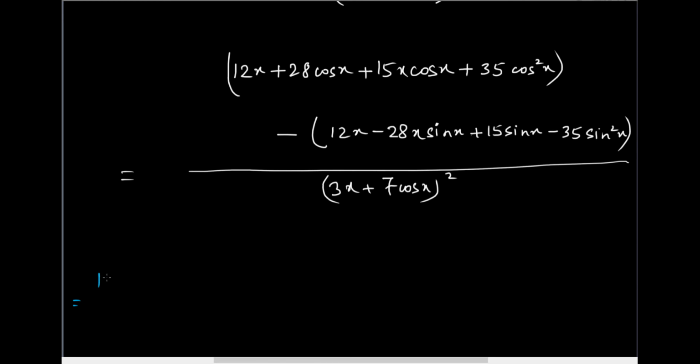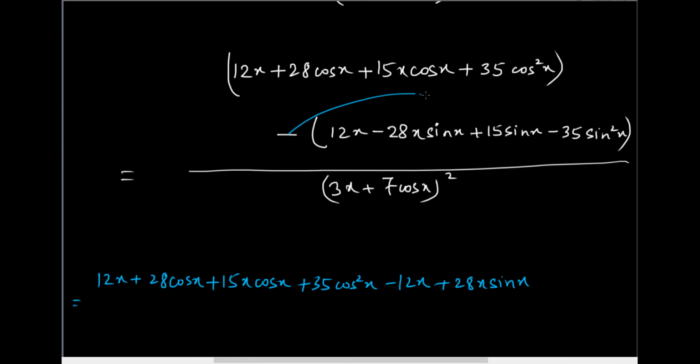So 12x plus 28 cos x plus 15x cos x plus 35 cos square x, and then minus 12x, because negative of positive is negative, and the negative of the negative is positive, so that is plus 28 x sin x, and then the negative of the positive is again negative, so that is negative 15 sin x.